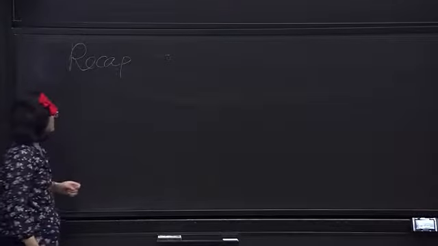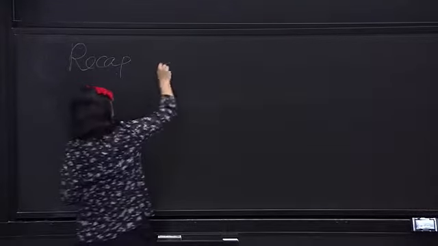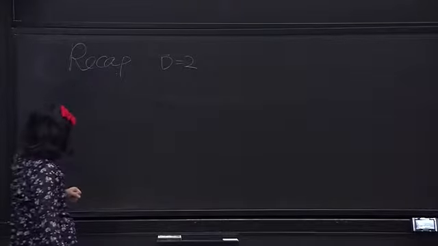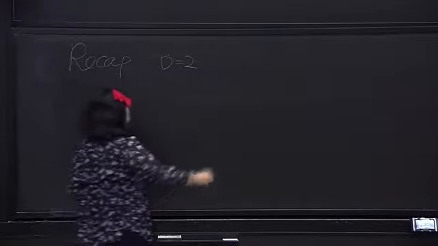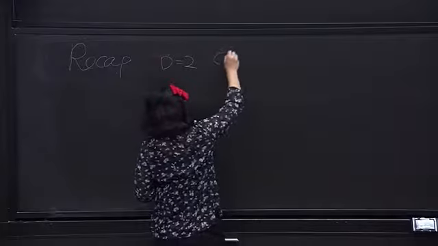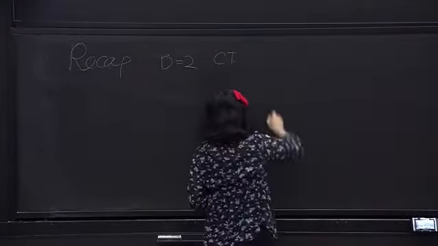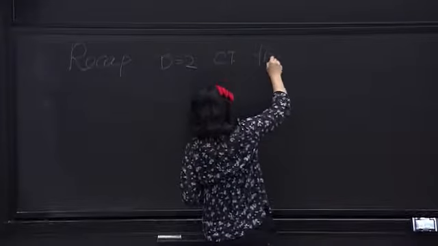So first, let's recap what we learned yesterday. In D equals 2, a conformal transformation is really just any holomorphic map.